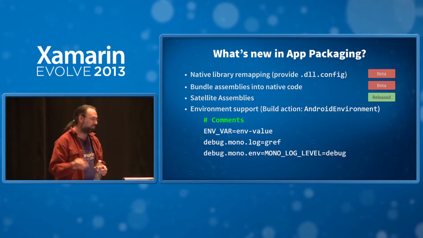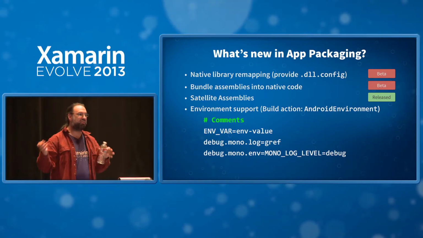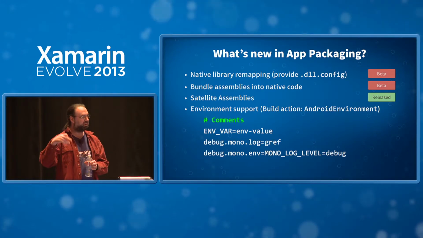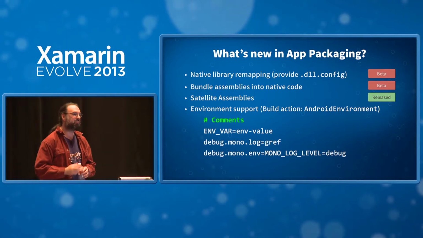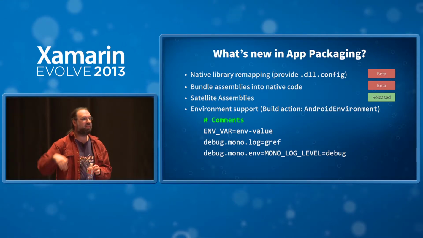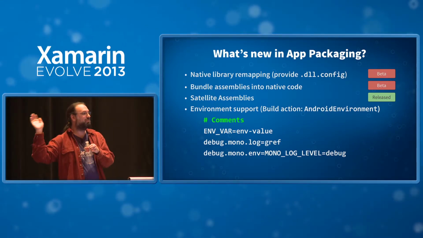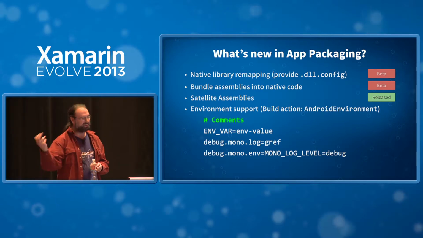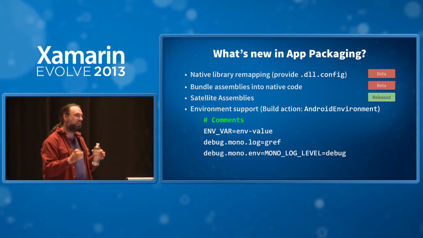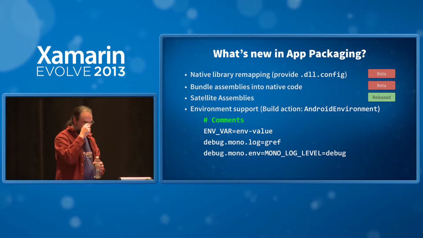At startup, we'll read that, and then we'll set it as if the user had done adb shell setprop debug.mono.log gref. That means you can just hand off an APK to someone else. They can run it, it'll spam their logcat, you can get the device back and copy off the logcat, and it makes things slightly easier.